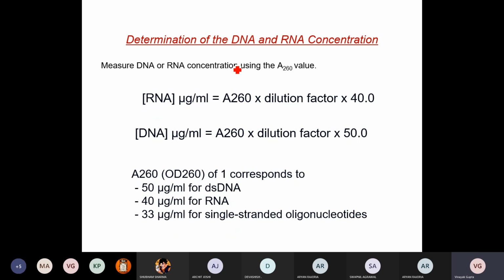So suppose we are getting OD of 1, then we can simply use the formula, and if OD is 1 and dilution factor is also 1, the DNA concentration is going to be 50 microgram per ml, which is written here. For RNA, it is going to be 40 microgram per ml, or if you have a single stranded very small oligonucleotide, it is going to be 33 microgram per ml.